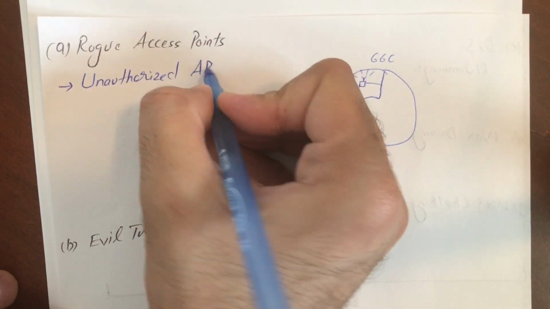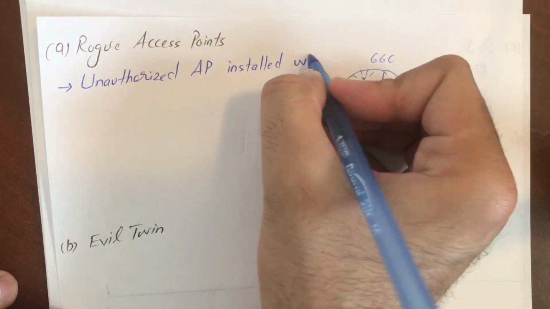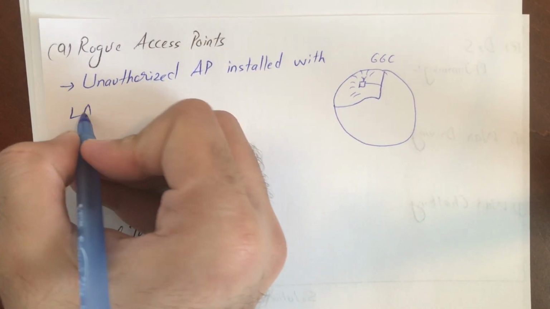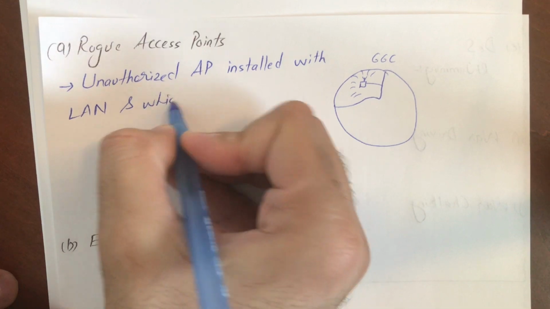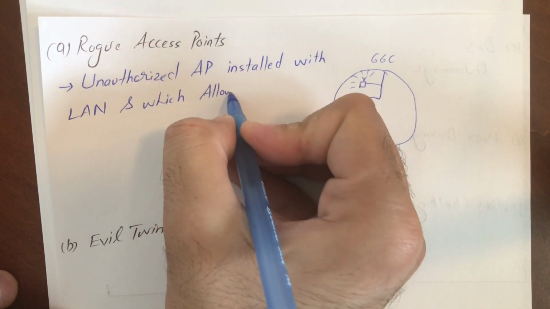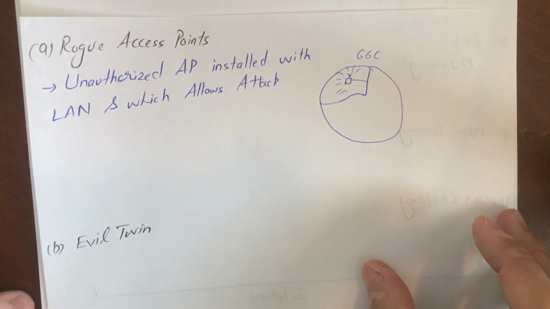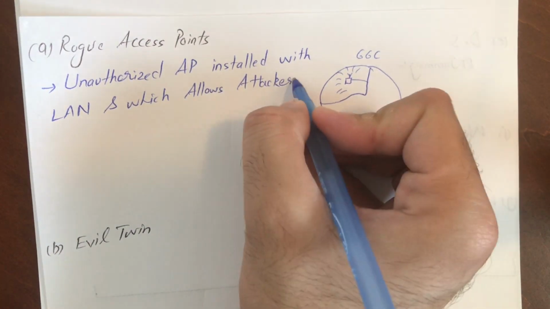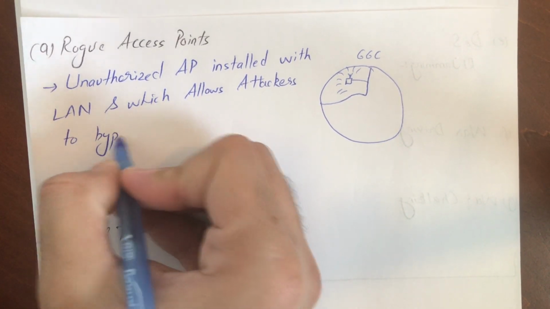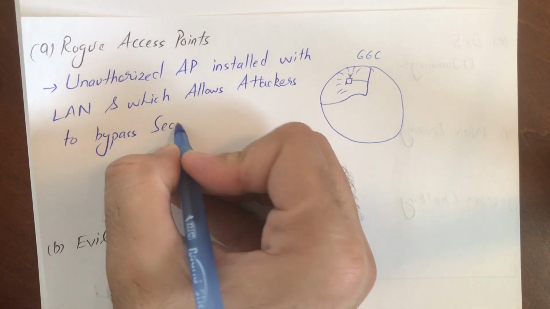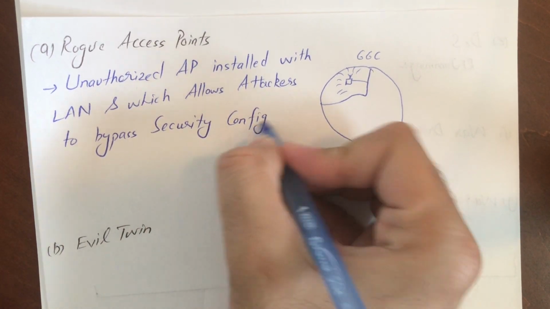An unauthorized access point installed within the local area network, which allows attackers to bypass security configurations.